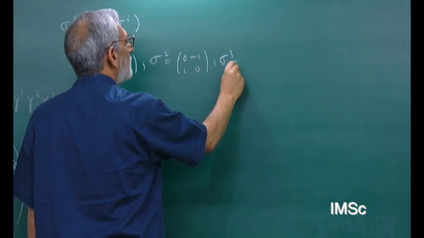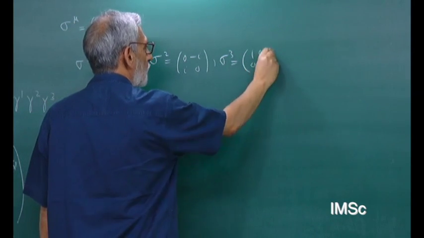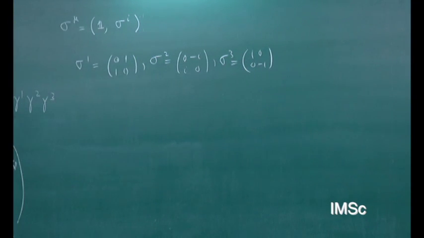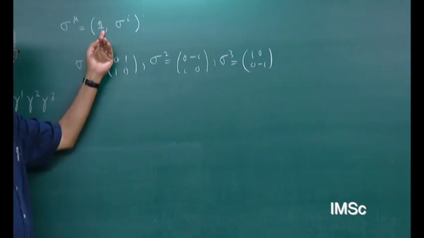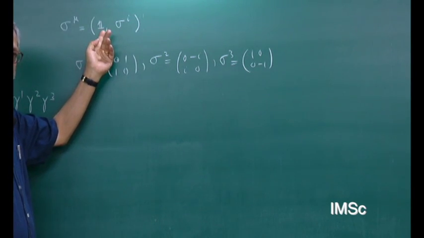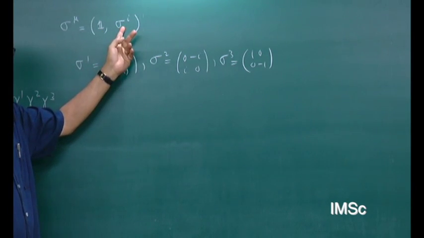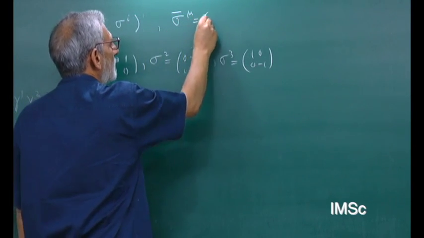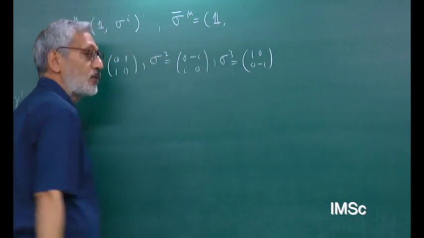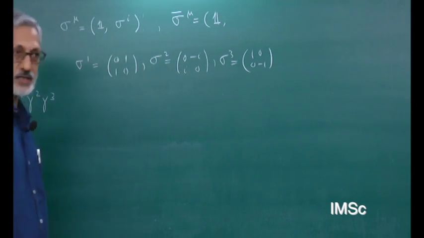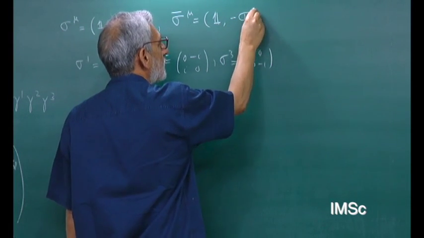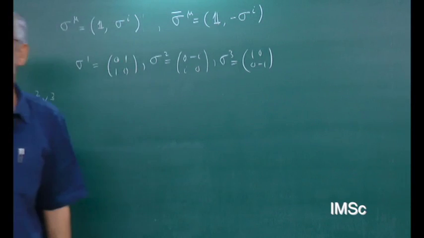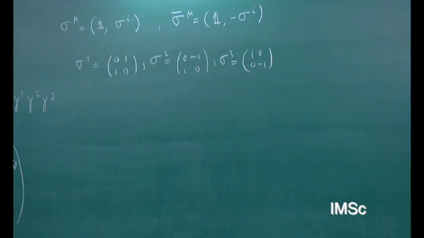And sigma 3 is 1, 0, 0, minus 1. So that is this block. Sigma 0 is a 2 cross 2 unit matrix, and 3 Pauli matrices. And sigma mu bar is again the first sigma 0 is a 2 cross 2 unit matrix, and minus sigma i, the 3 Pauli matrices.